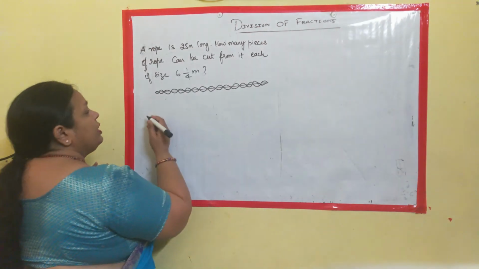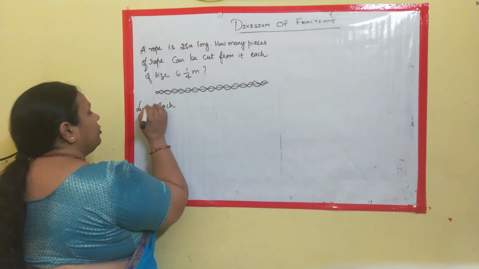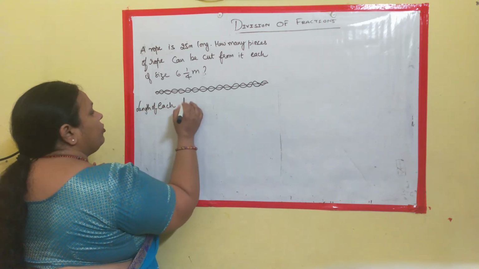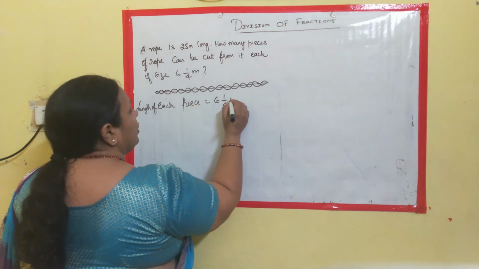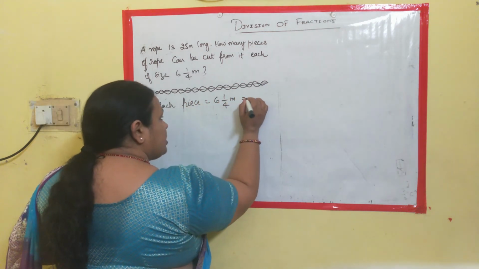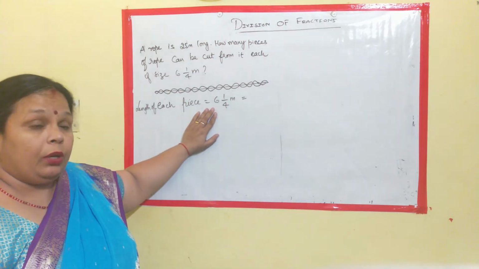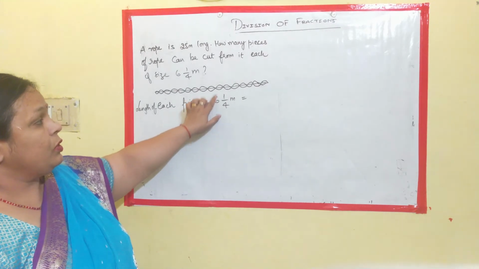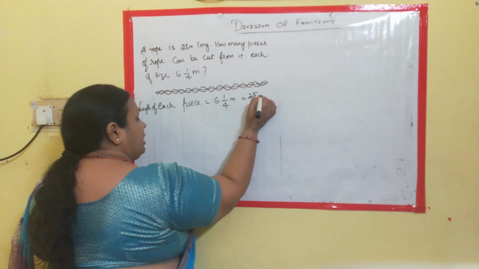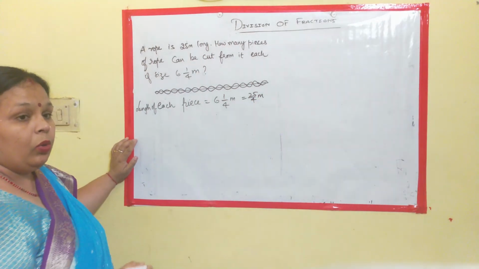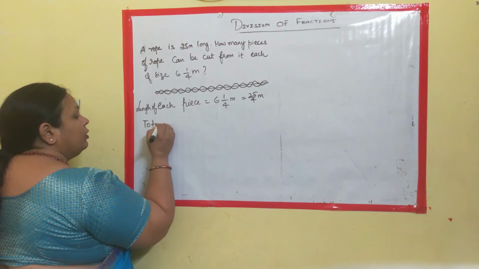Now pieces means each piece is 6 1 by 4 meter. That is a mixed fraction, converted to improper fraction: 6 4s are 24 plus 1, 25 by 4 meters. Clear?